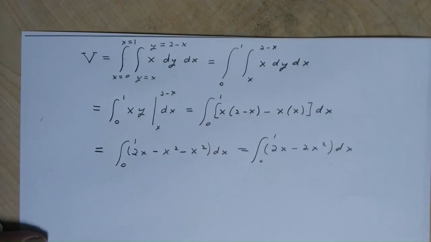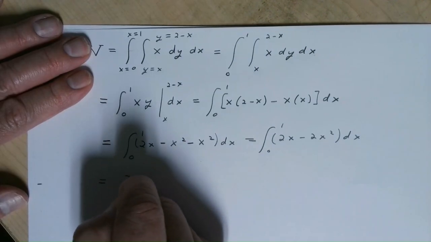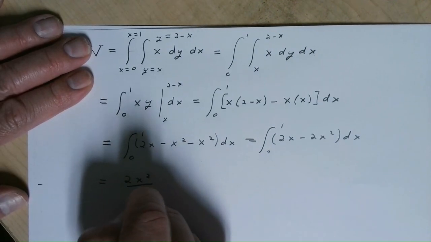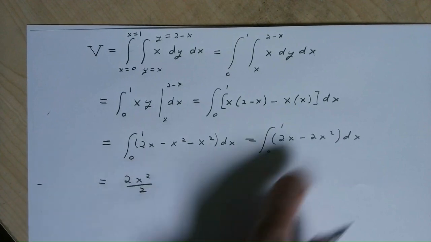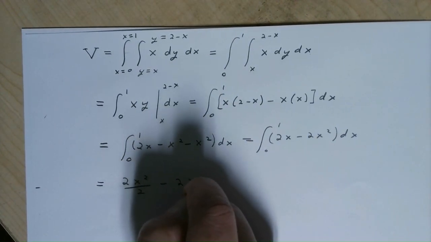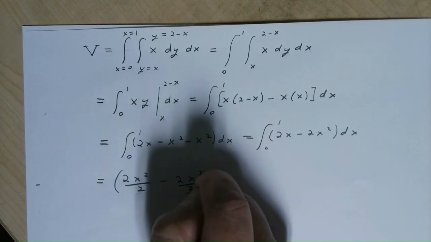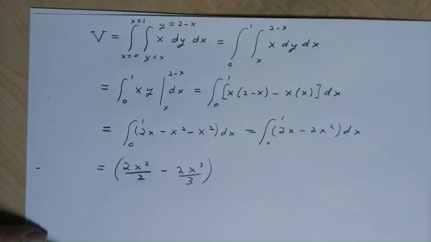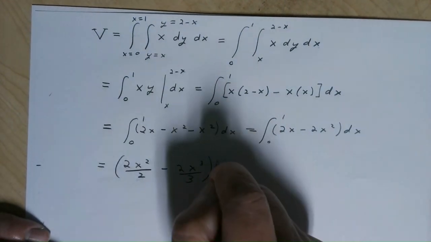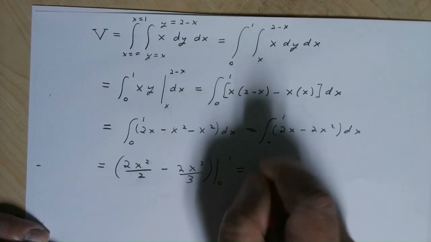Now integrate with respect to x. 2x squared over 2 is just going to be x squared. This is minus 2x cubed over 3. Evaluate from 0 to 1. So we put 1 in here.